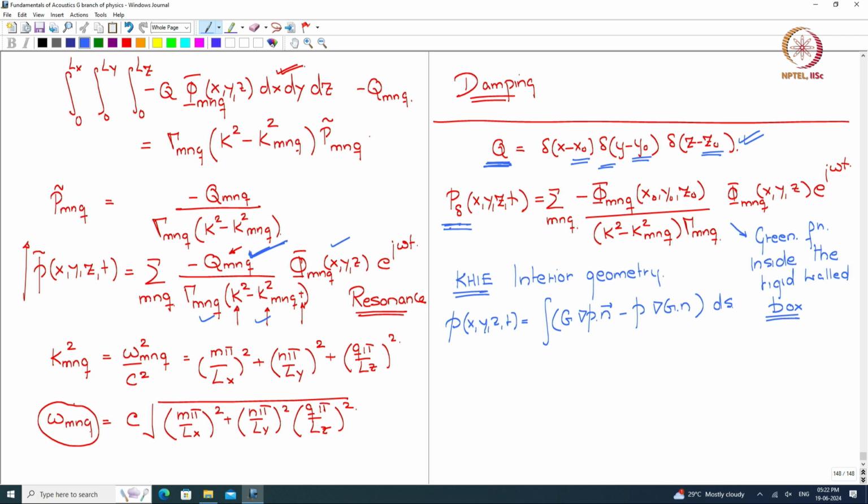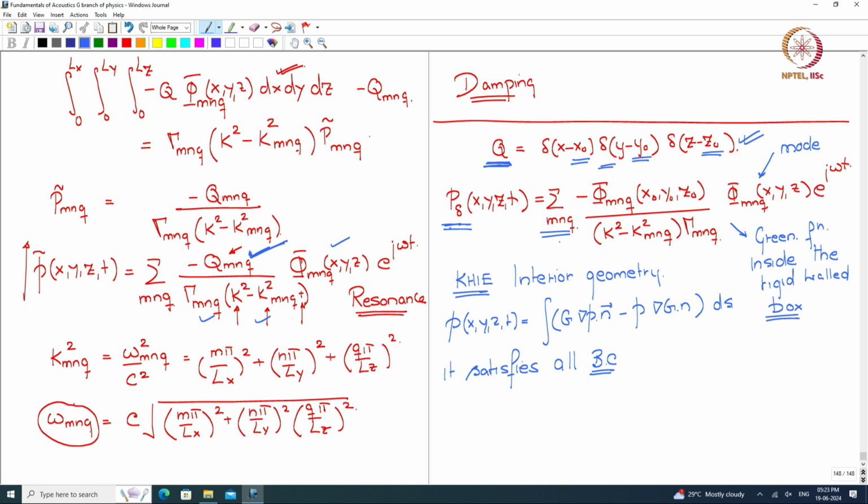So now what is special about this green function is that it satisfies all boundary conditions. Why is that? Because it is composed of phi m n q, the mode shape. It is an infinite sum over mode shapes, but every mode shape satisfies the boundary condition.